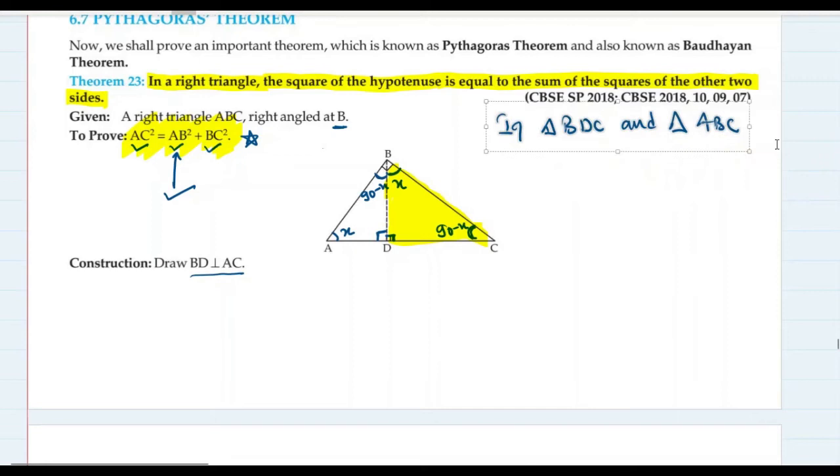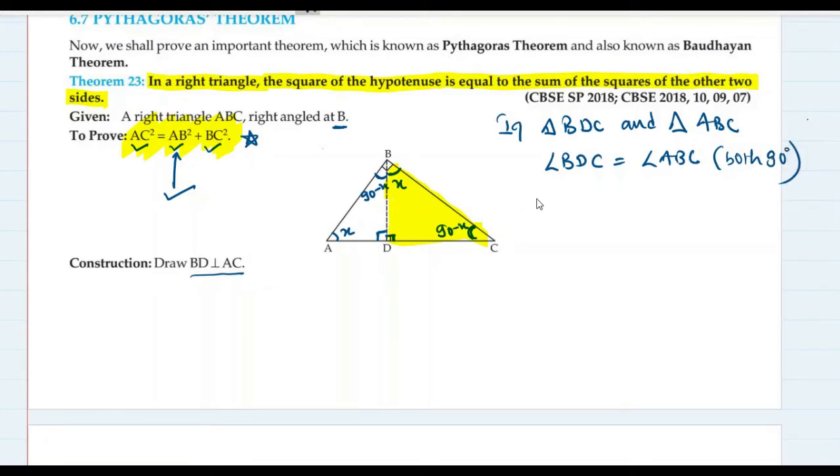Now we will prove these two triangles BDC and ABC similar with the help of AA similarity. For that we need to find which angles are equal. So first of all, angle BDC is equal to angle ABC, right? No doubt about that. Why? Because both are 90 degrees.